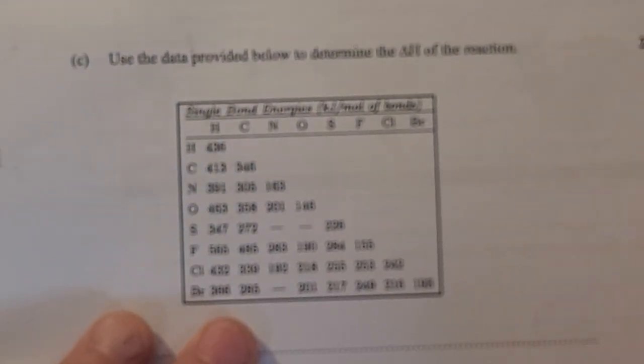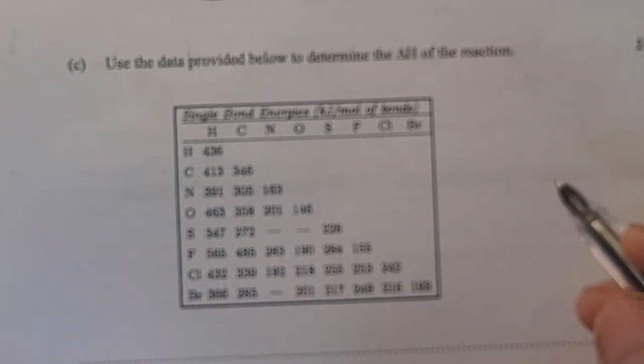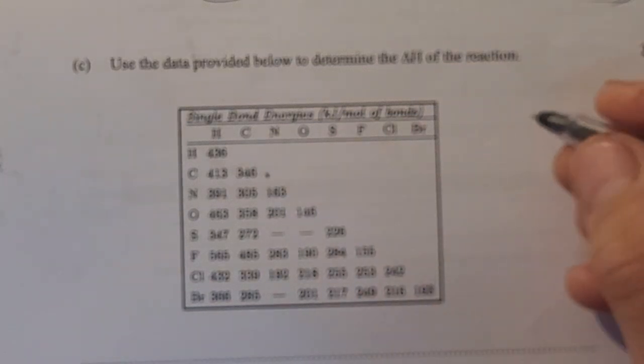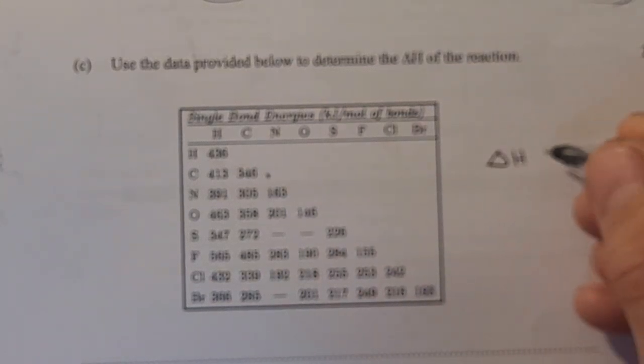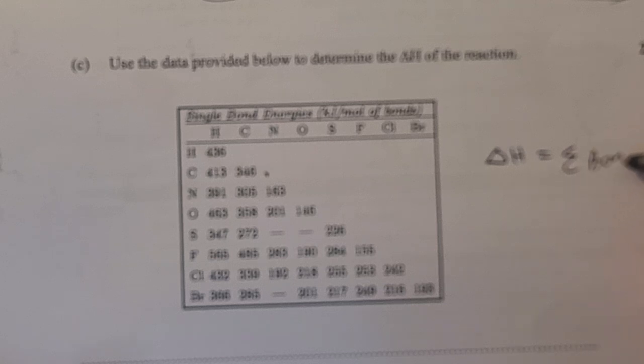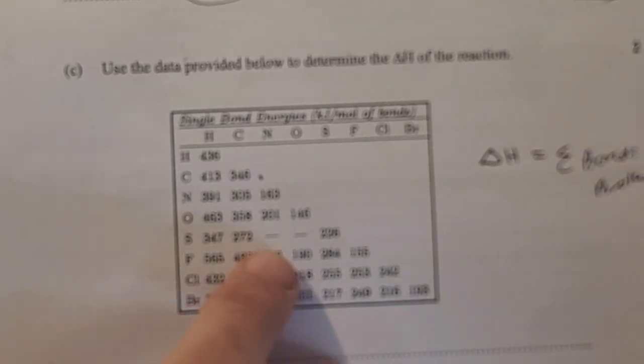Now the reason they're getting you to draw this here is to realize the bond energy. So here's the bond energy, and if you remember, delta H is equal to the sum of the bonds broken less the sum of the bonds formed.